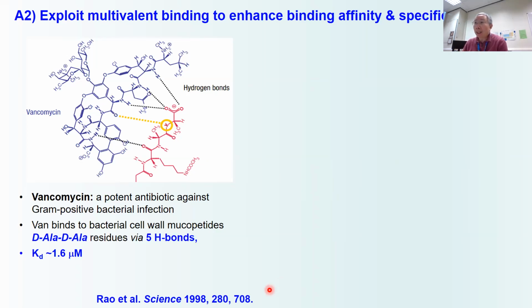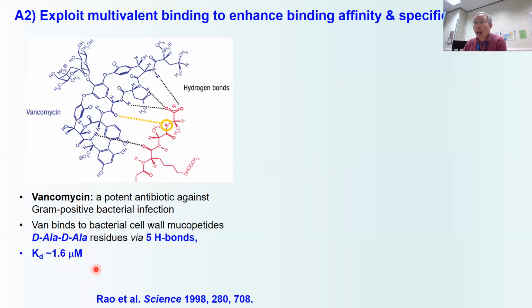Here is one of the examples that has been done in George Whitesides' group at Harvard. What they targeted here is the antibiotic vancomycin. It's a potent antibiotic against gram-positive bacteria. It specifically binds to the terminal D-alanine by forming five hydrogen bonds.